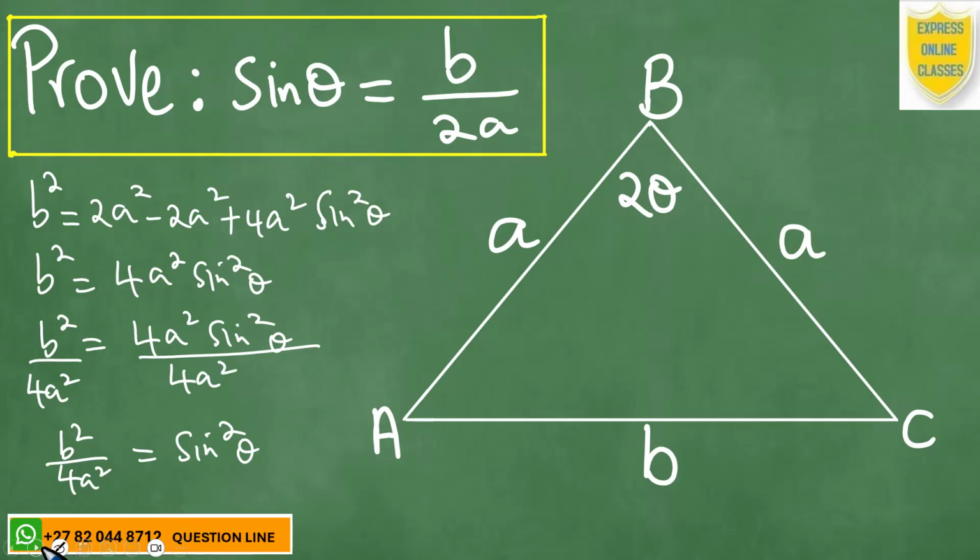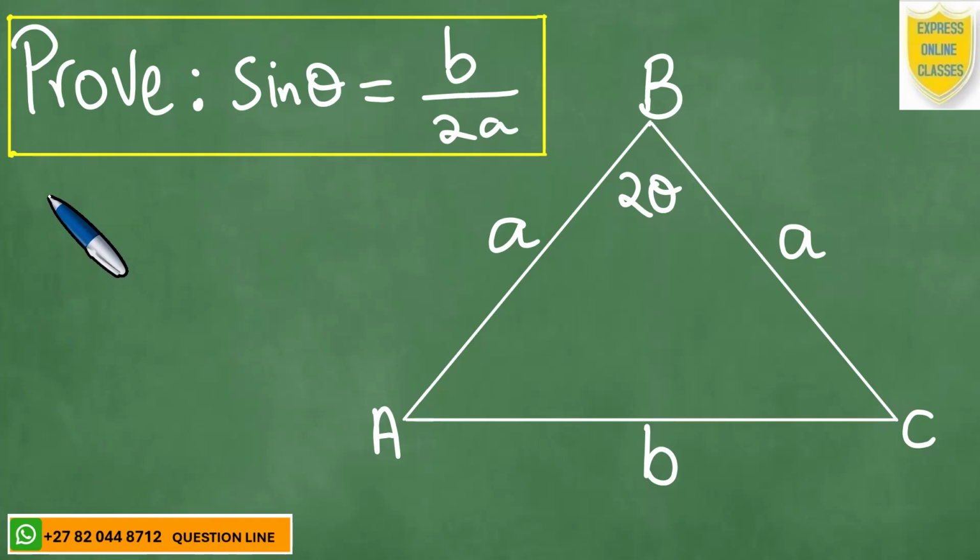And so now what do we have? We have b squared over 4a squared, which equals the sine squared of theta. What we then do is take the square roots of both sides of the equation.